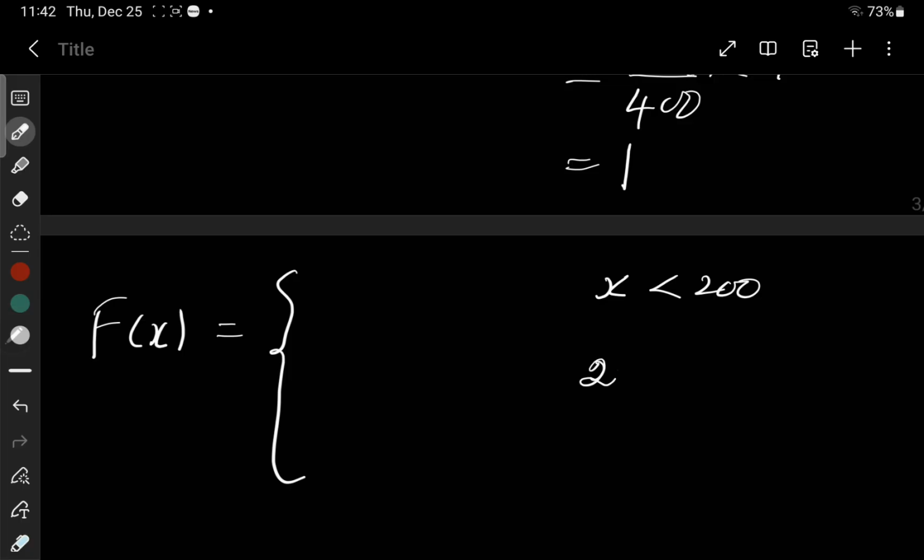So let me form the table here. F of x is equal to 3 cases. One is x less than 200. The other case is x lies between 200 to 600. And for x greater than 600. For x greater than 600, just now we have got 1.